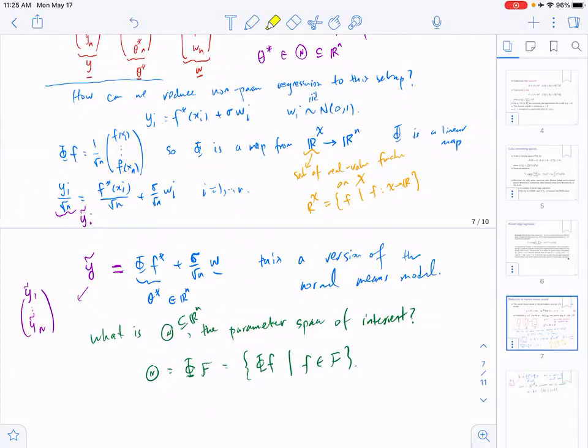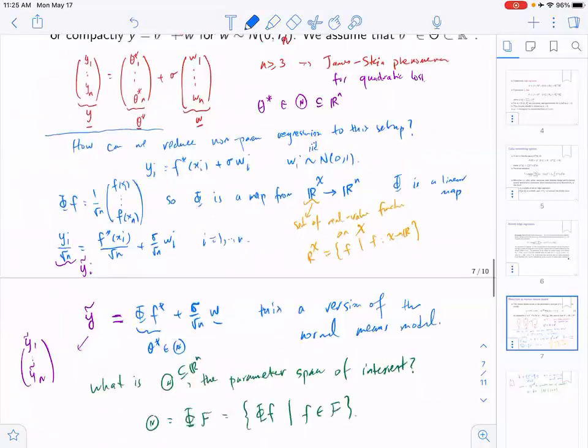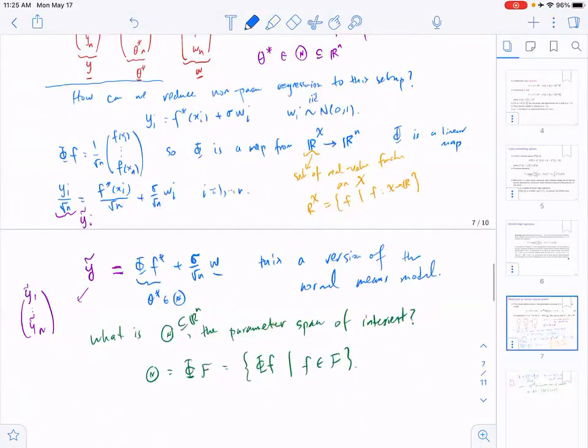You can imagine that for different function classes we would get different theta. So the function class puts restrictions on theta, and we're interested in estimating theta with some assumption on theta. Is this clear so far?